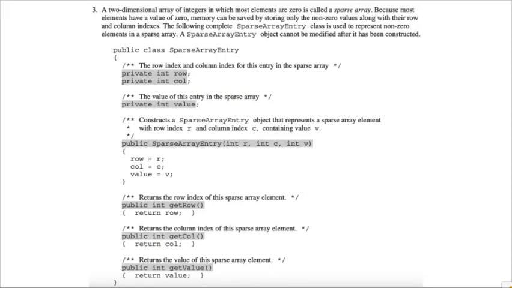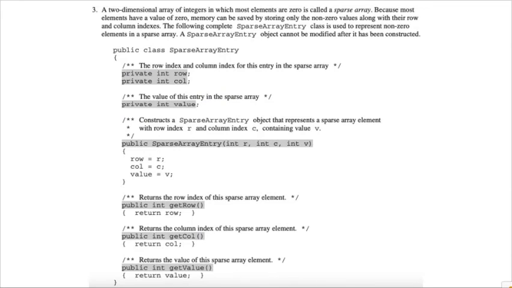So you would use the methods that are in here. So a possible mistake would be maybe using these methods instead of these.